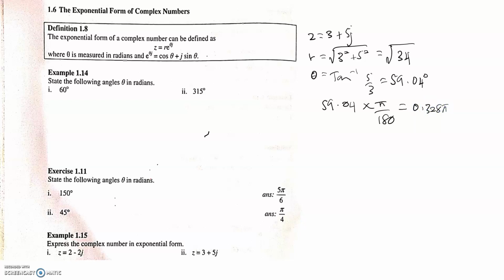Okay, let's put it in exponential form. So we have z equal to the square root of 34 exponent to the power of theta, which is 0.328 j. So this is the answer for this one.